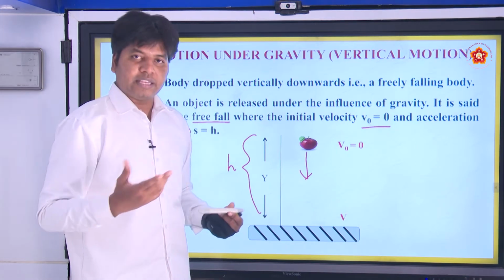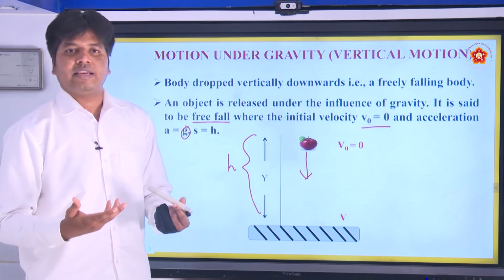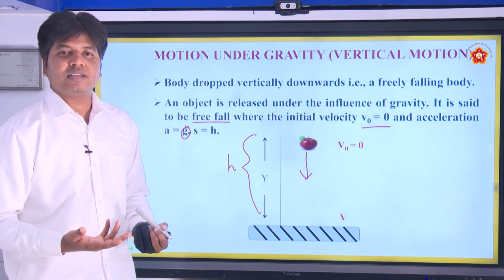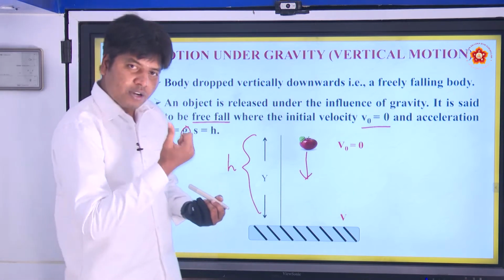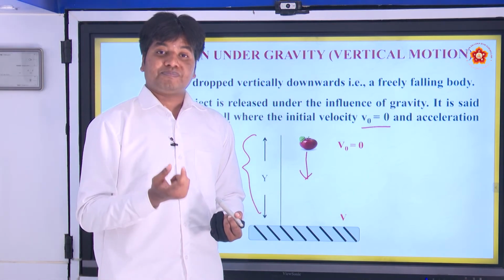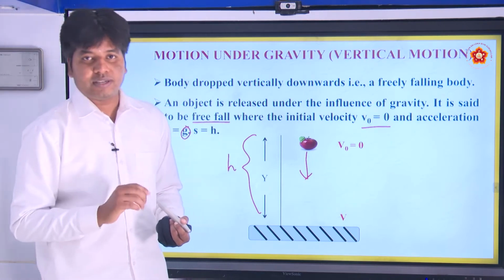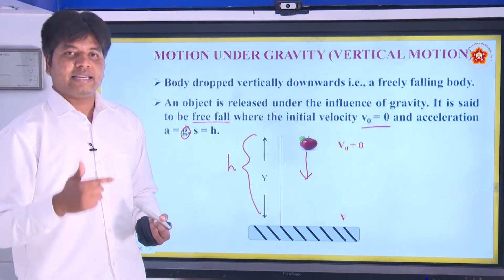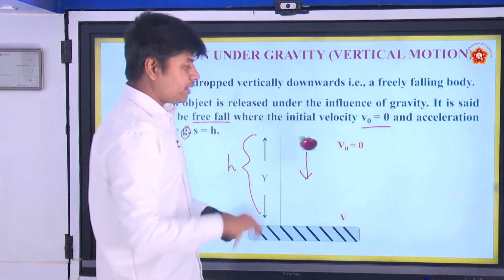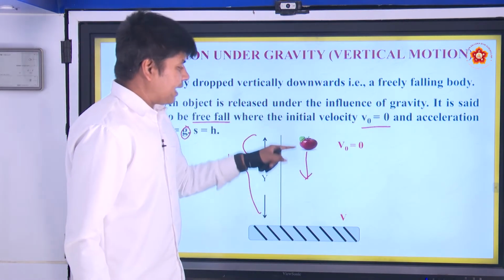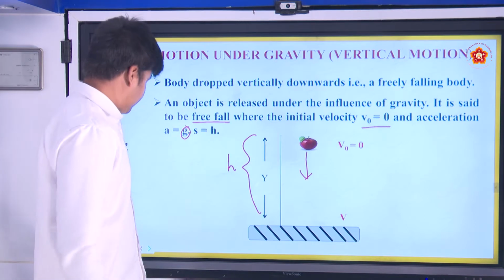Do we need to throw with any initial velocity to make it fall down? No, because the acceleration acting on it is already pointing downwards, and the force is acting downwards. So we need not give any initial velocity there. Alright, so initial velocity is 0 and the acceleration with which it will be moving is g.